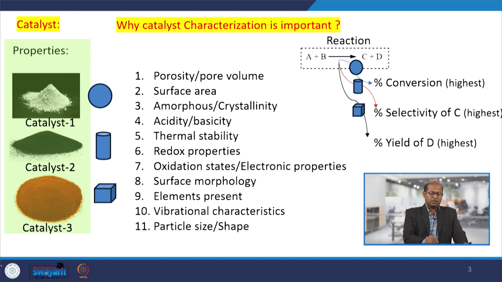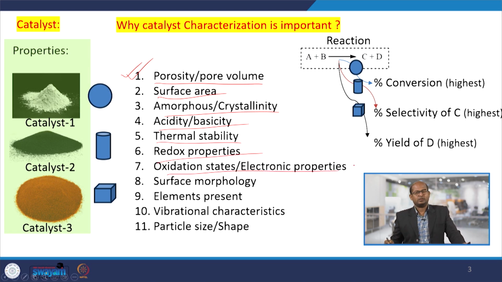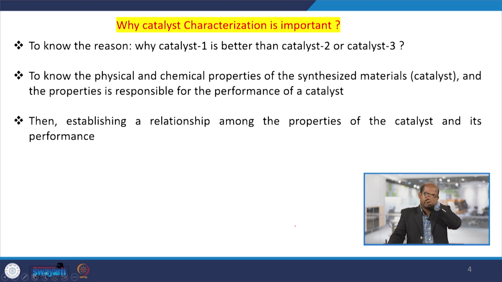We can characterize those catalysts by using porosity, pore volume, surface area, amorphous or crystalline structure, acidity, acidic and basic nature, thermal stability, redox properties, oxidation state, electronic structure or properties, surface morphology, elemental analysis, vibrational characterizations, and particle size and shape. In that way we can characterize why one particular catalyst is better than others, and we can develop a new and better catalyst.